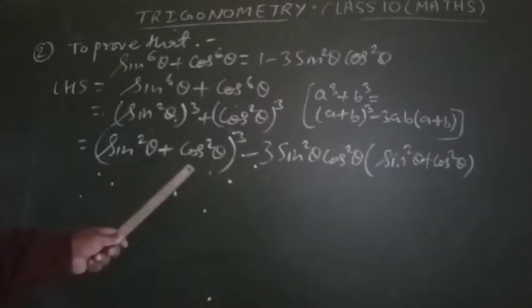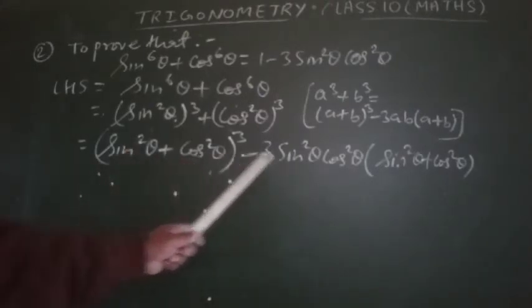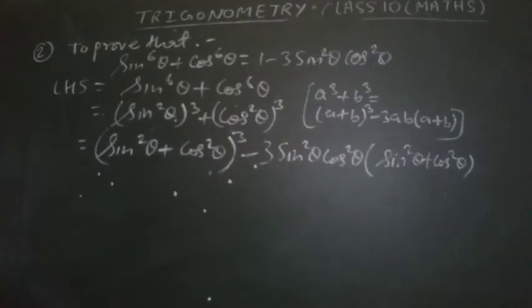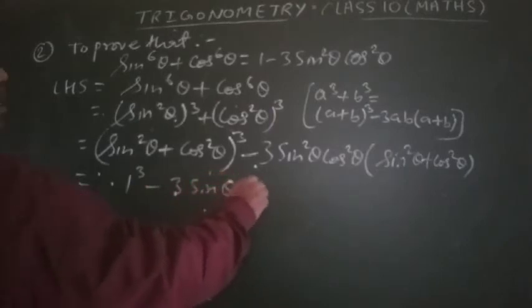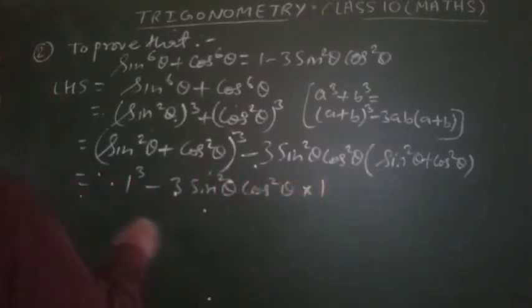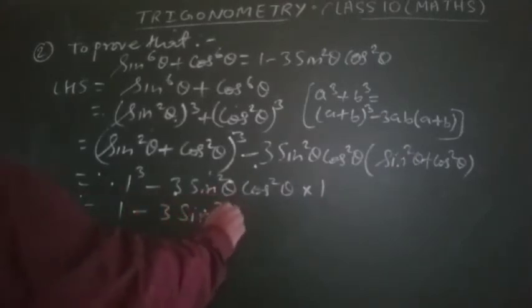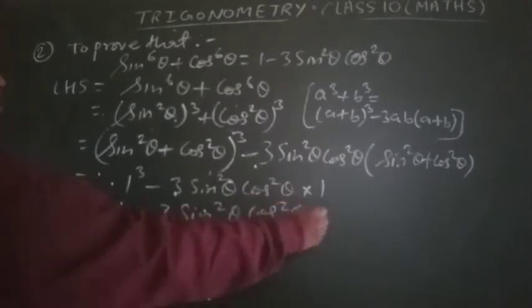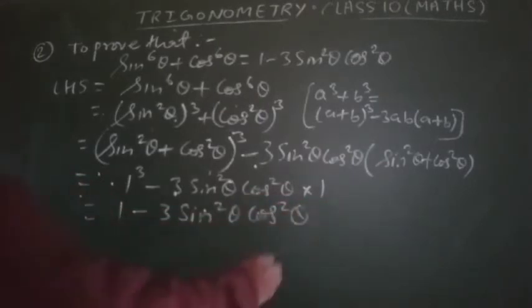Look here, this a plus b will be 1 because sin^2 plus cos^2 is 1. Here also sin^2 plus cos^2 is 1. So we can write 1 cubed minus 3 sin^2 theta cos^2 theta into 1. That is in the format 1 minus 3 sin^2 cos^2. This is the result.